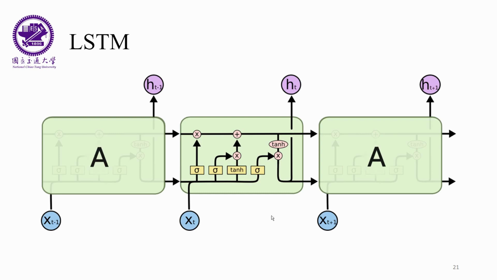As I mentioned before, the computation inside each neuron is more complicated, but we don't need to know how the vectors are computed. We just need to know that there are 2 vectors, the arrow on the upper side and the arrow on the lower side.